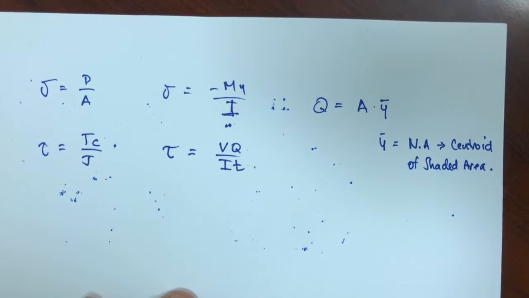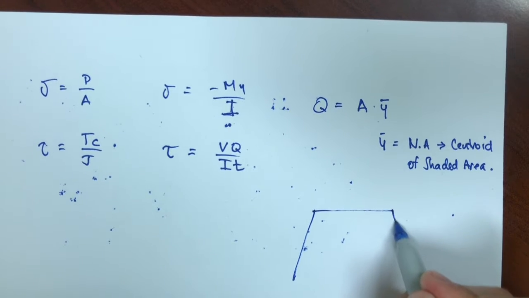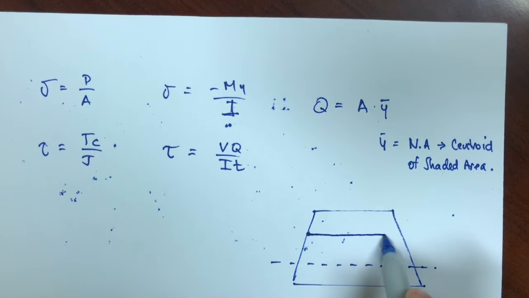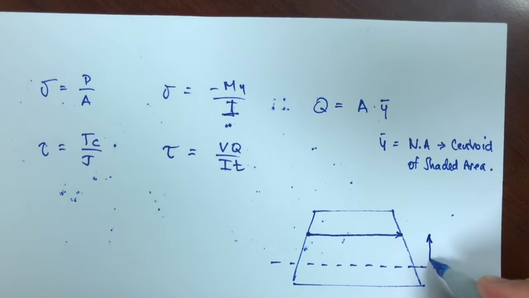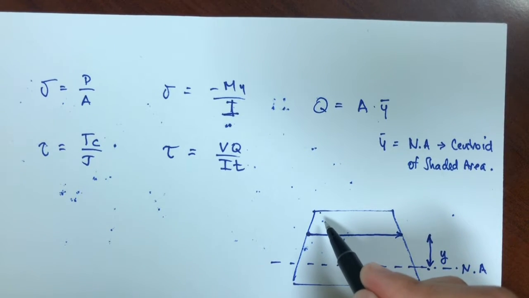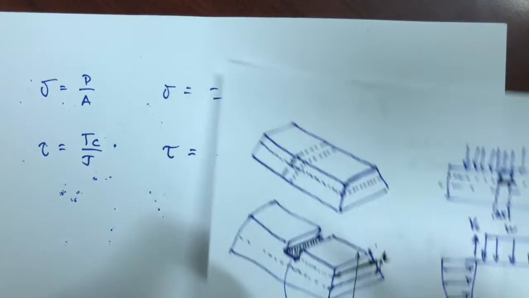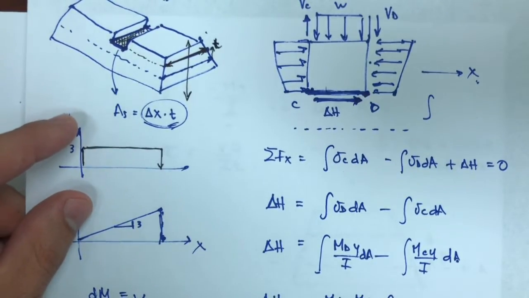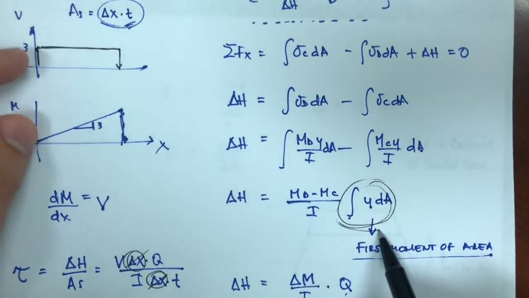In my example, my neutral axis is probably going to be in the bottom half because there's more area, and I wanted to find the shearing stress right here at some y above the neutral axis. So this is the neutral axis. My shaded area for Q is not the shaded area where delta H is affected, like I said before, but just the area that I need for calculating the first moment of area.